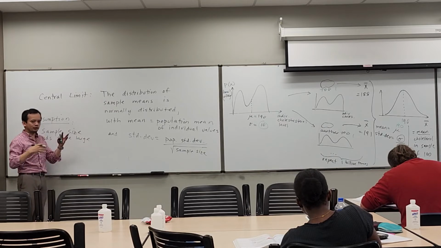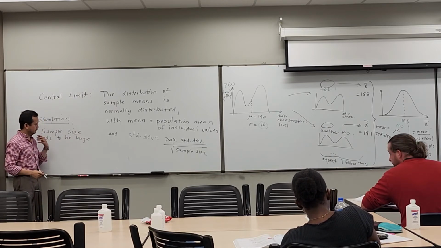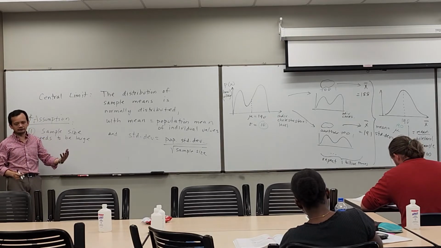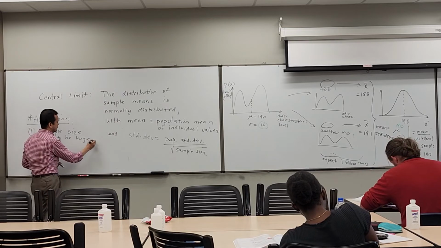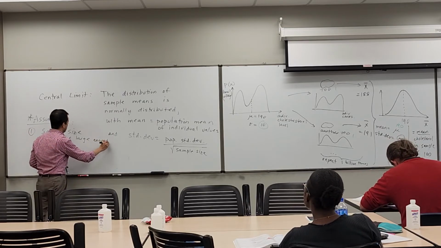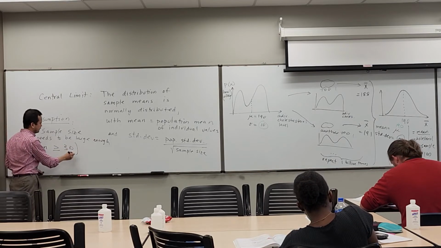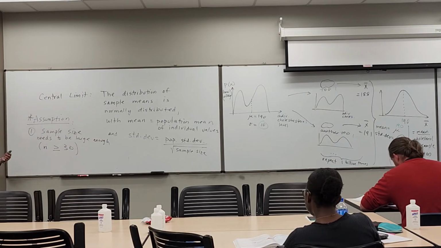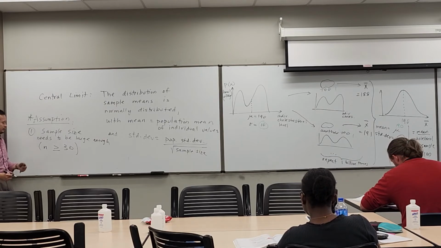But large enough is hand wavy, and it turns out that through years of empirical evidence and also mathematical proof, people have determined that large enough means that it should be at least the size of 30. And 30 is actually not that bad. It's not even that large.